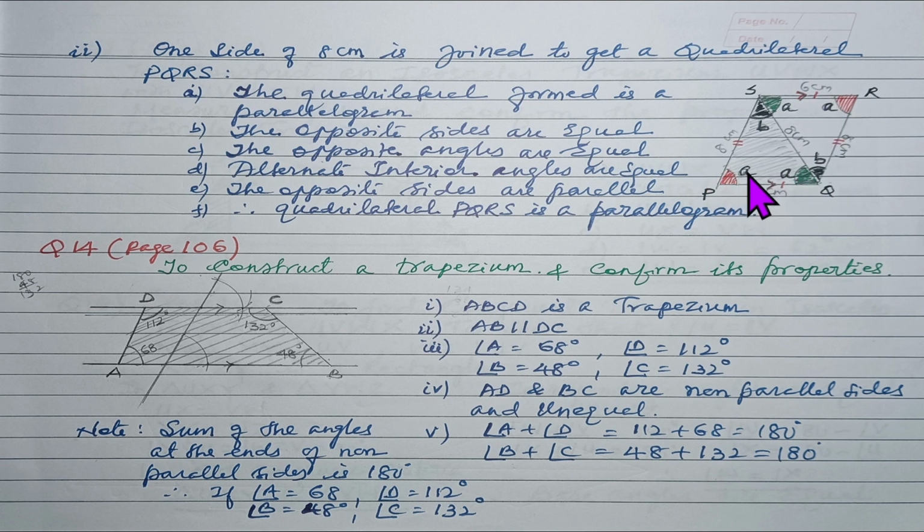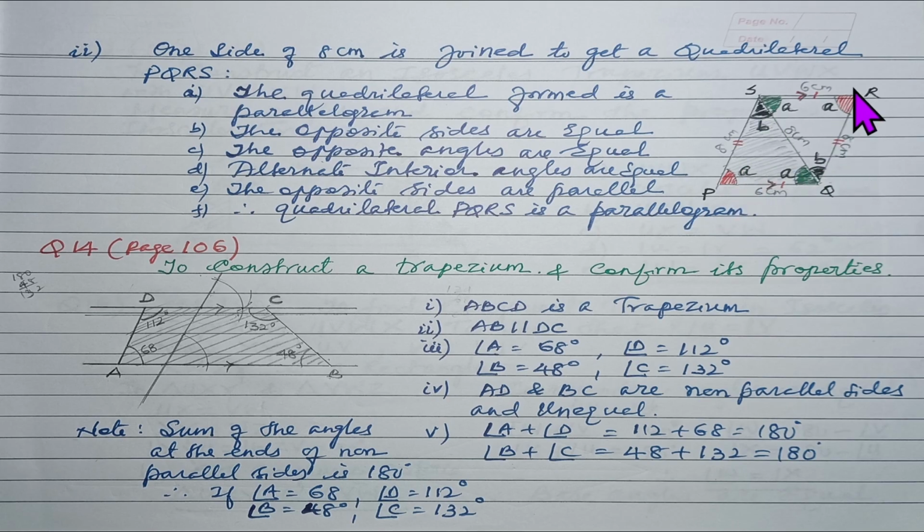Now PS and QS being equal sides, opposite angles are equal. Therefore if I take angle SQP as angle A, so also R is angle A, because again two sides are 8 centimeters.